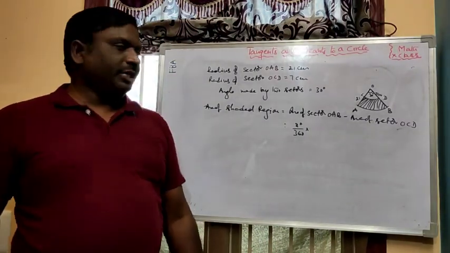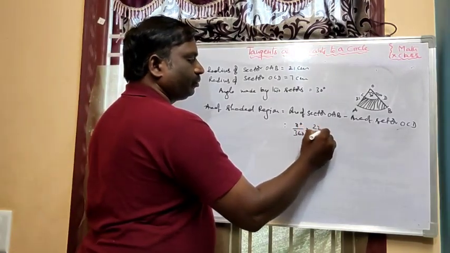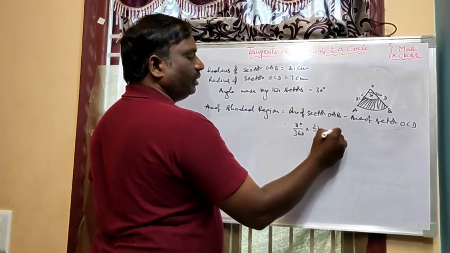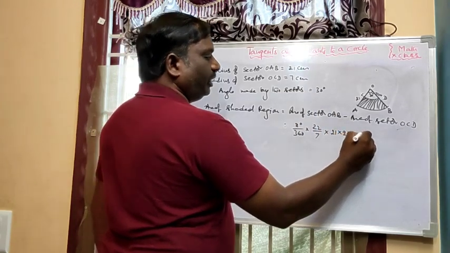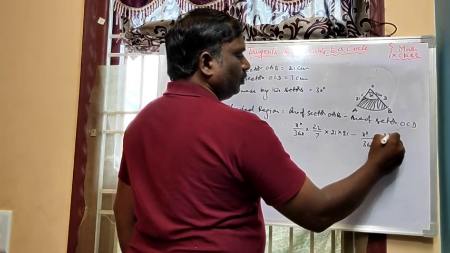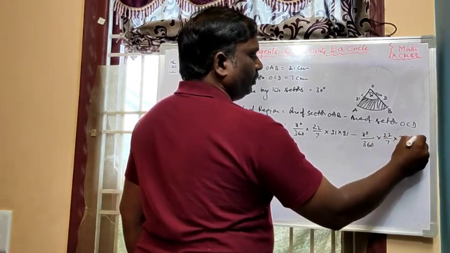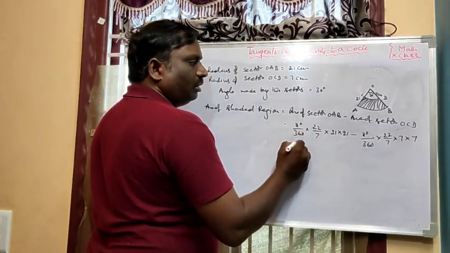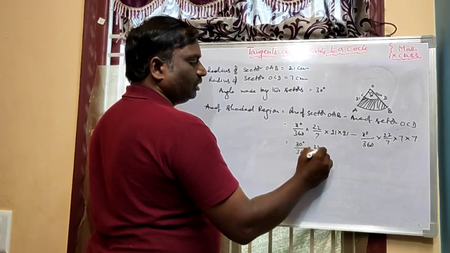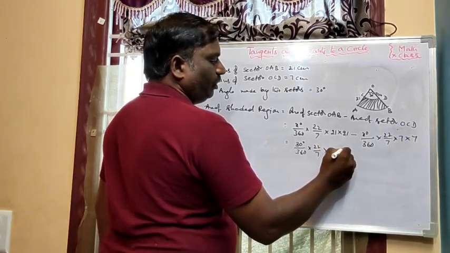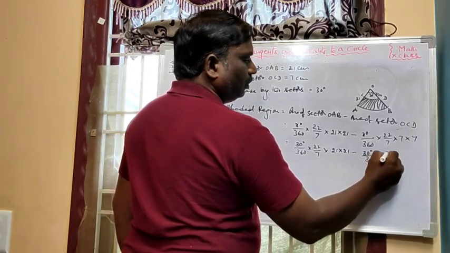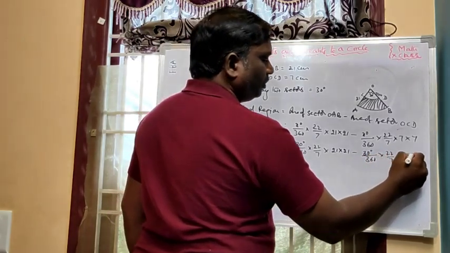So 30 degrees by 360 into 22 by 7 into 21 into 21 minus 30 degrees by 360 into 22 by 7 into 7 into 7.